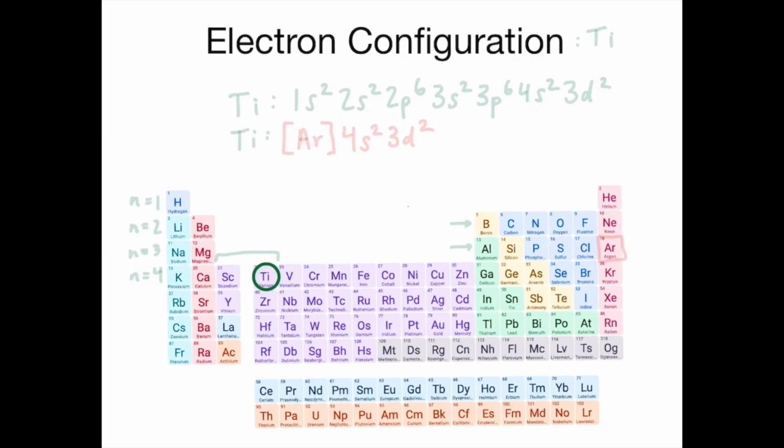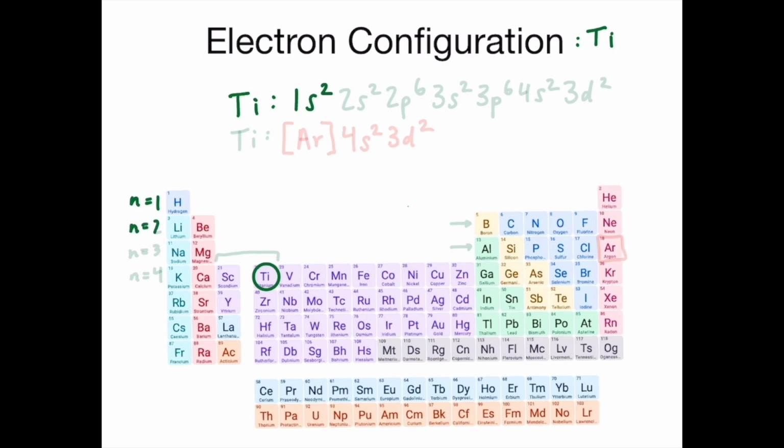Let's practice writing the electron configuration of titanium. So we know we need to go period by period on the periodic table. So let's start with period 1. And we can write this full electron configuration as 1s2.